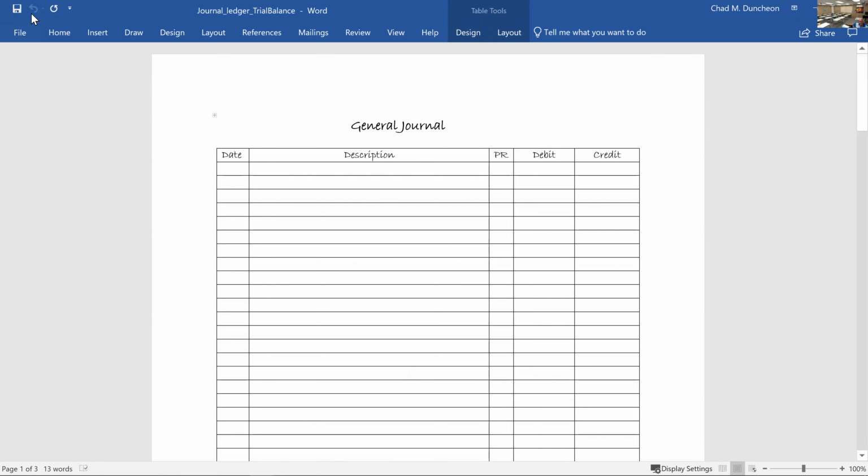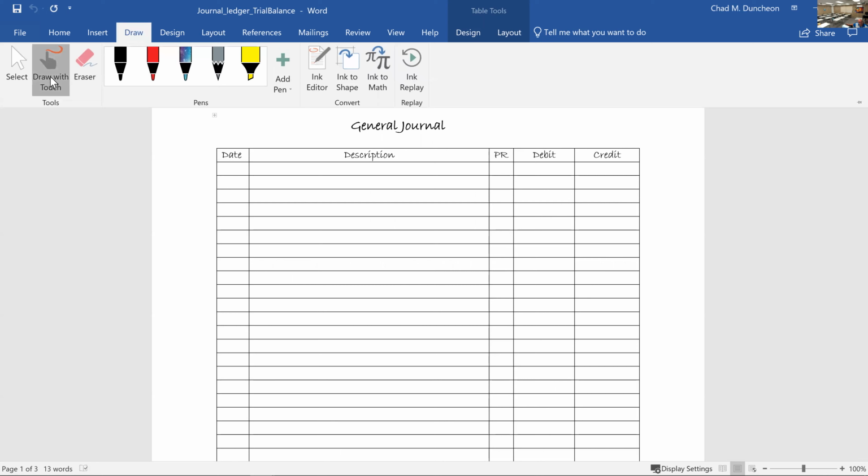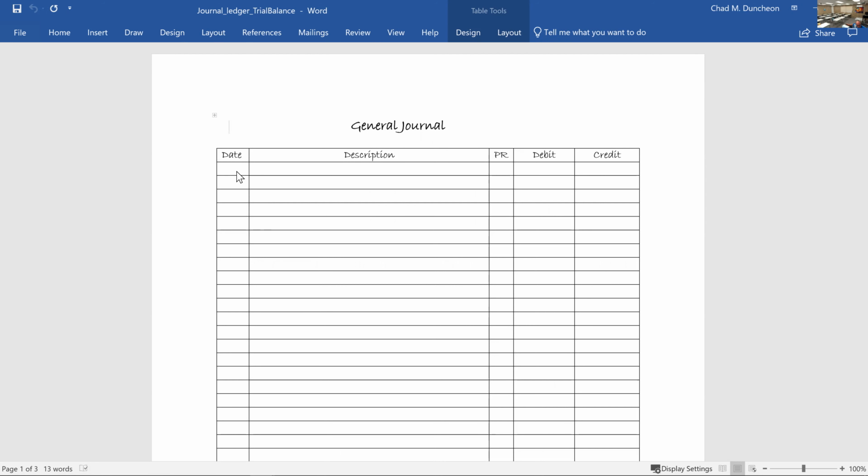On the date of the sale, okay, we're going to kind of just put it all together here. On the date of the sale, we're going to say accounts receivable and sales revenue for the $1,500.